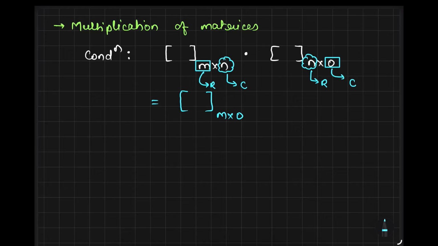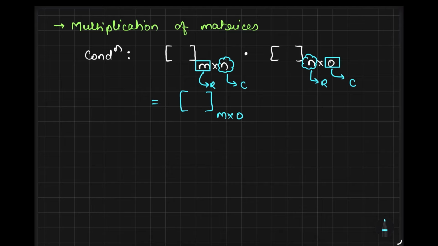I hope you know the condition under which we can multiply matrices. It means the number of columns of the first matrix should be equal to the number of rows of the second matrix. Also, if you multiply, the order of the resultant matrix will be equal to m cross o, meaning the number of rows of the first matrix with the number of columns of the second matrix.